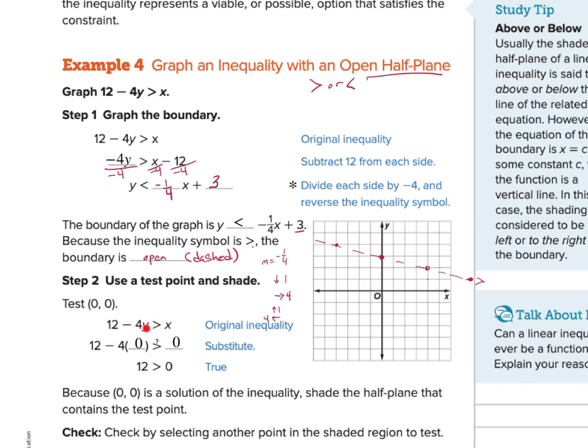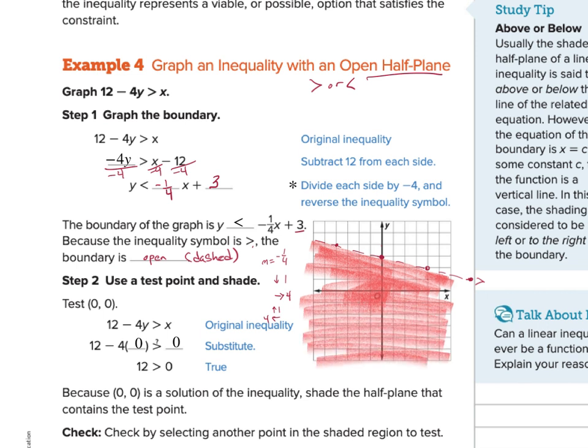If y was 0 and x was 0, that would be 12 greater than 0. Is that a true statement? Is 12 greater than 0? It is, so that means we are going to shade the side with the origin. And there you go. That's one way to do it.